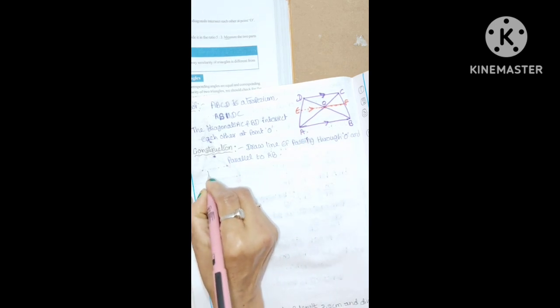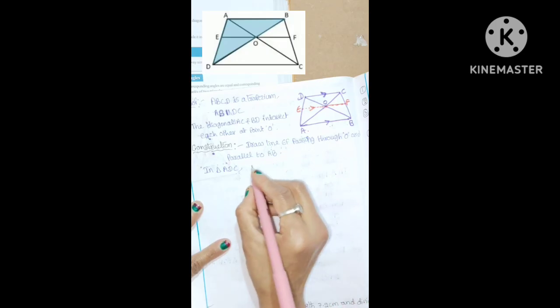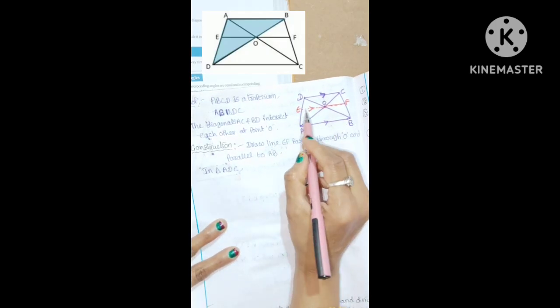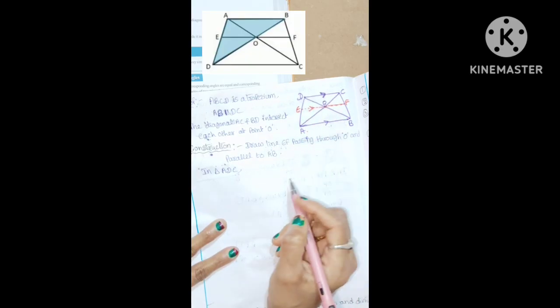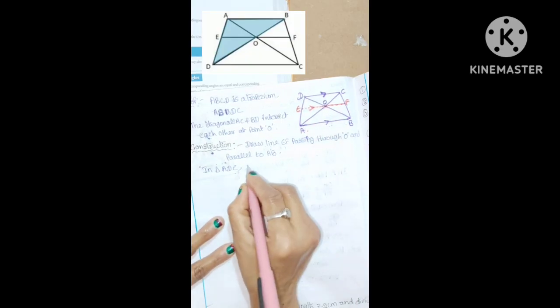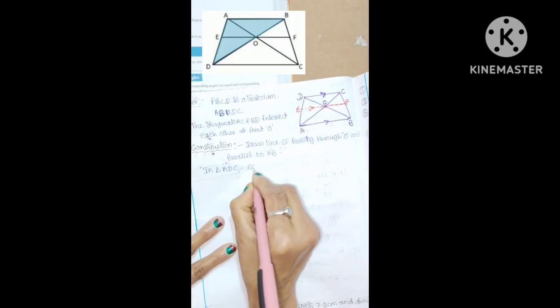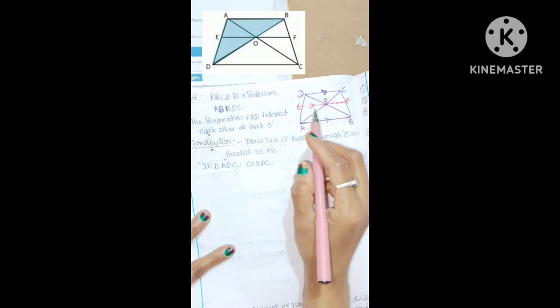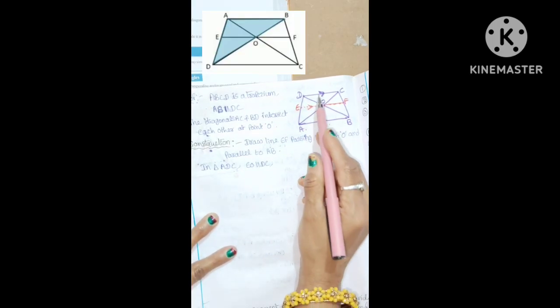First, in triangle ADC, which two sides are parallel from this figure? Here EO is parallel to DC. Are you understood? EO is parallel to DC. So in the triangle, one side is parallel.